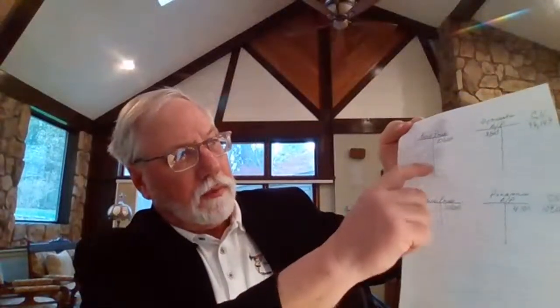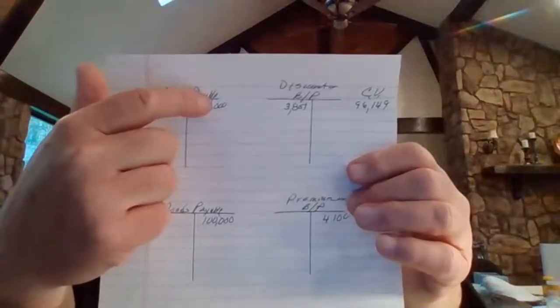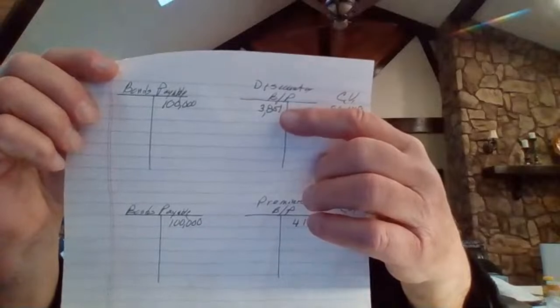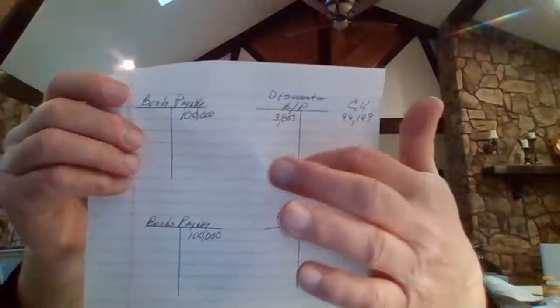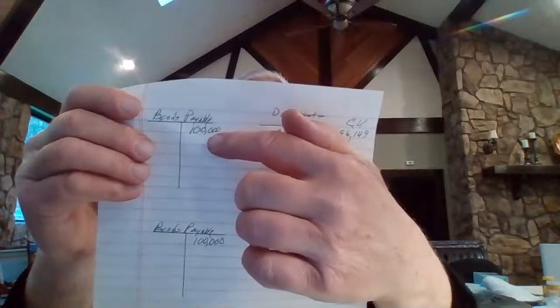And eventually, once we post all 10 of them, this is going to have a zero balance. That 3,851, as we credit them, it's going to end up with a zero balance. At maturity, we're going to have to pay $100,000 of the bonds off.